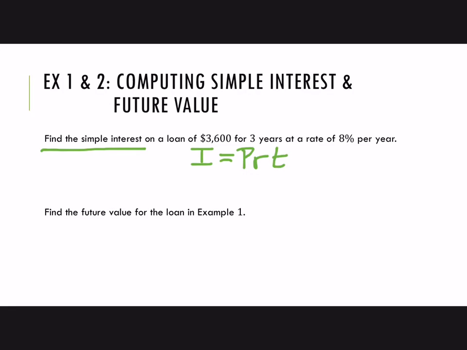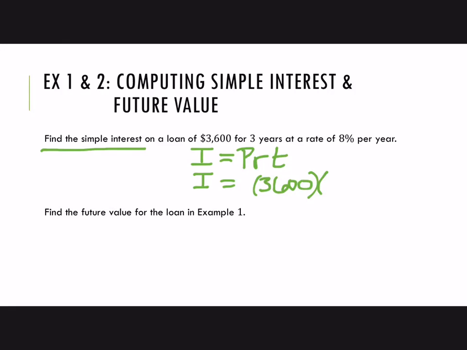Okay. Now I'm solving for interest, I don't know that, but I do know all of these other values, so I'll substitute those in now. Okay, the principal is the starting amount, and this is a loan, so it's the amount that's borrowed, and that's $3,600. Okay, then the rate is 8%, and in these problems we always want to use the rate as a decimal.